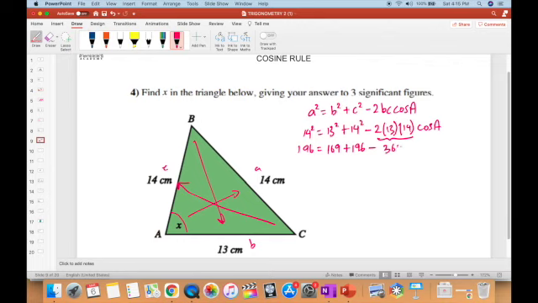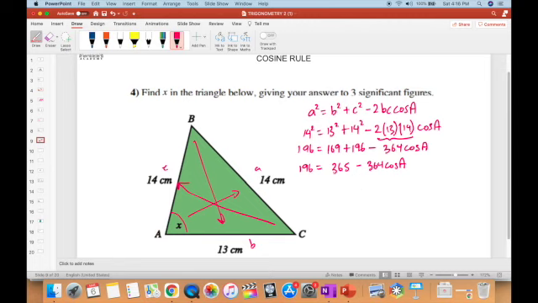So 364 multiplied by the cos of A. So all I did was plug in the numbers and expand them, right? So 196 is equal to 169 plus 196, which is 365, minus 364 cos of A.